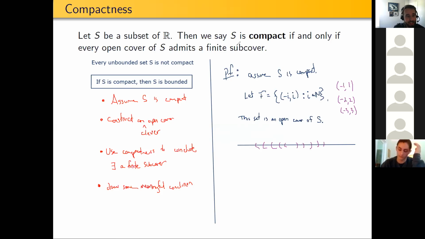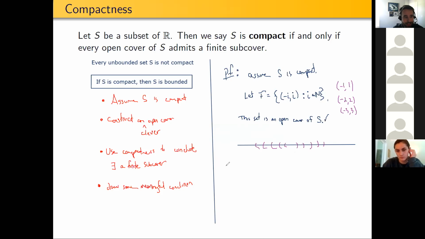So this set is an open cover of S because it is an open cover of R. Every real number is contained in one of these open intervals, and therefore it's contained in the union of them all. So this is an open cover of our set S.